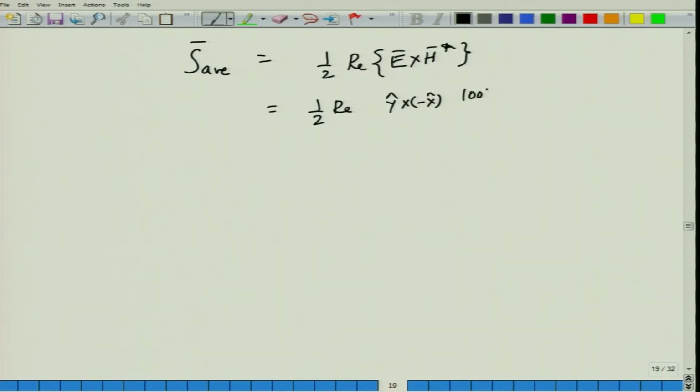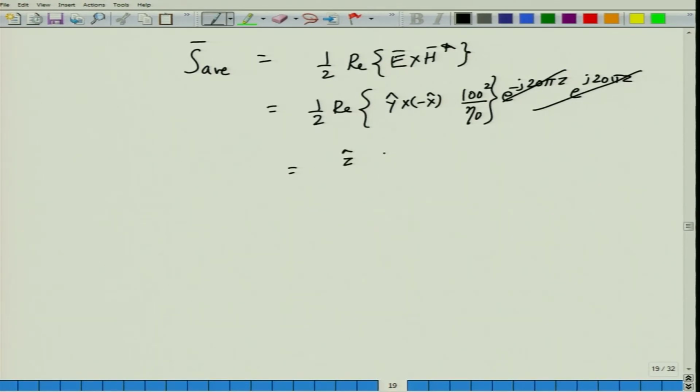The amplitudes get multiplied, so you have 100 square divided by eta naught. But what happens to the phase? The electric field will have e power minus j 20 pi z, the magnetic field will have e power minus j 20 pi z, but when you conjugate that one, this becomes e power plus j 20 pi z. These two will cancel. The real part is not really needed here.